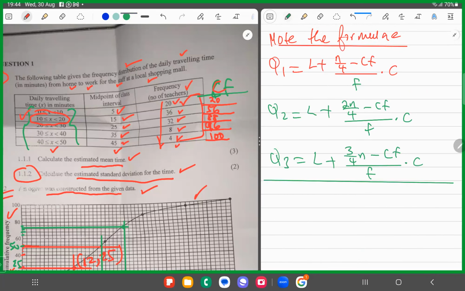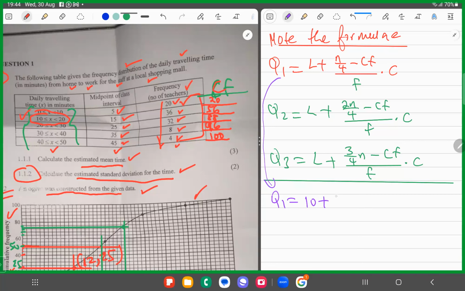Using this formula, we're just practicing now. You will watch this video, it will help you even when you go to university. I'm going to use the formula straight from the top. The lower class boundary of 10 to 20 is 10, plus N over 4, which is now 100 over 4.